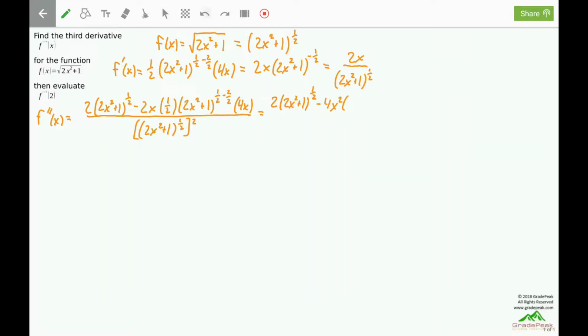And I have the powers of 2x squared plus 1 here to be 1/2 minus 2/2, 1 minus 2, negative 1/2. All this is over 2x squared plus 1 to the 1/2 to the 2. We multiply the exponents. 1/2 times 2 is 2/2, or 1 power.